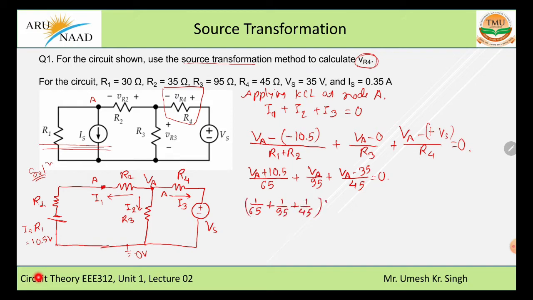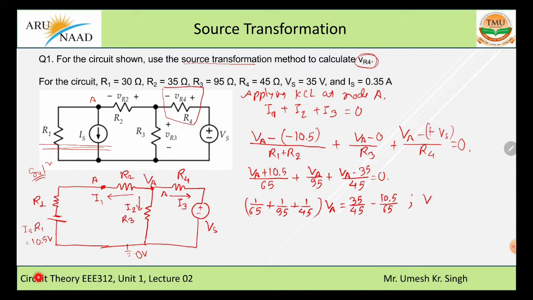So for calculating using a calculator, what to do? Separate the parameter and non-parameter terms in this manner, and you can type in your calculator 1 upon, instead of 1 upon 65, you can type it as 65 inverse. When you add 65 inverse plus 95 inverse plus 45 inverse, after finding the value, again take the whole inverse and then solve this equation.